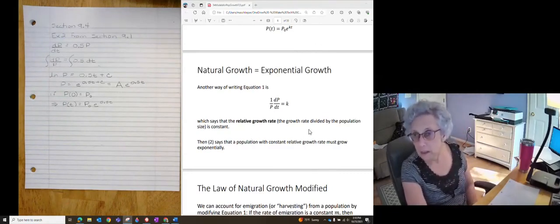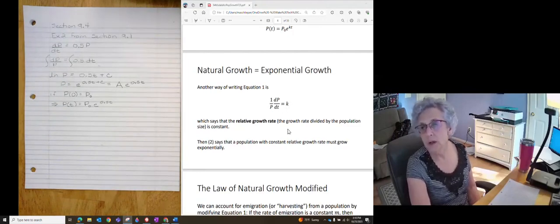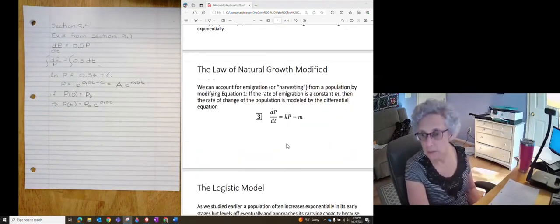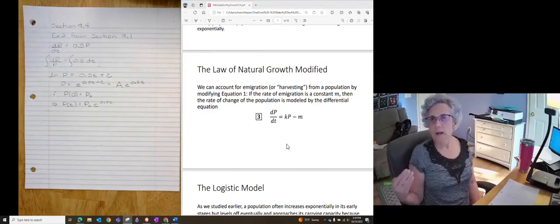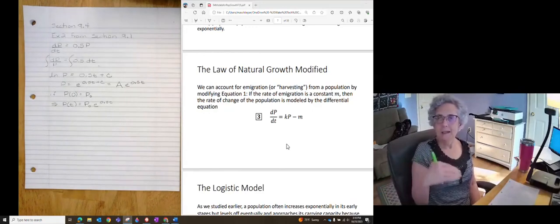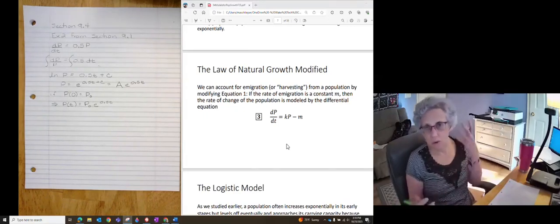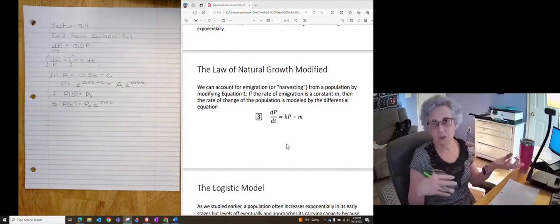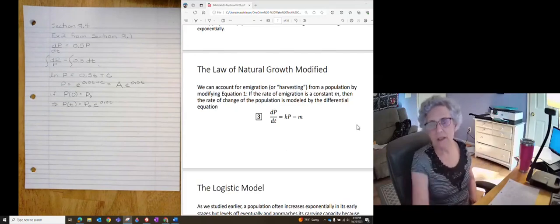Another way of writing it is that your net relative growth rate is equal to 1 over P times the derivative. We could modify it by adding in something to account for harvesting or immigration, increasing for births, decreasing for the death rate, things like that.